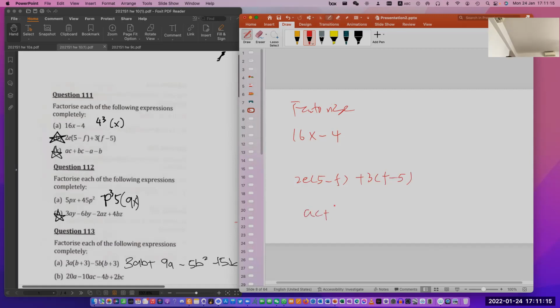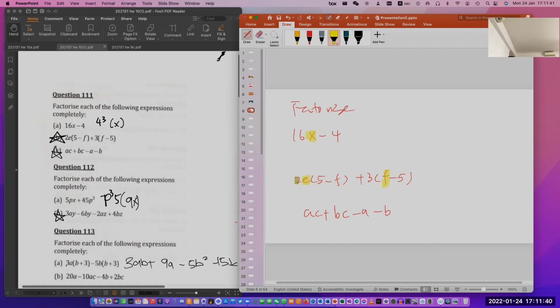So you can actually see that they are all expressions because there is no equal sign. I don't see any equal sign for 3 of this, right? Then of course you also don't see there is at least one unknown. So in this case, this x is the unknown. Over here, f is the unknown, e is the unknown, at least one.